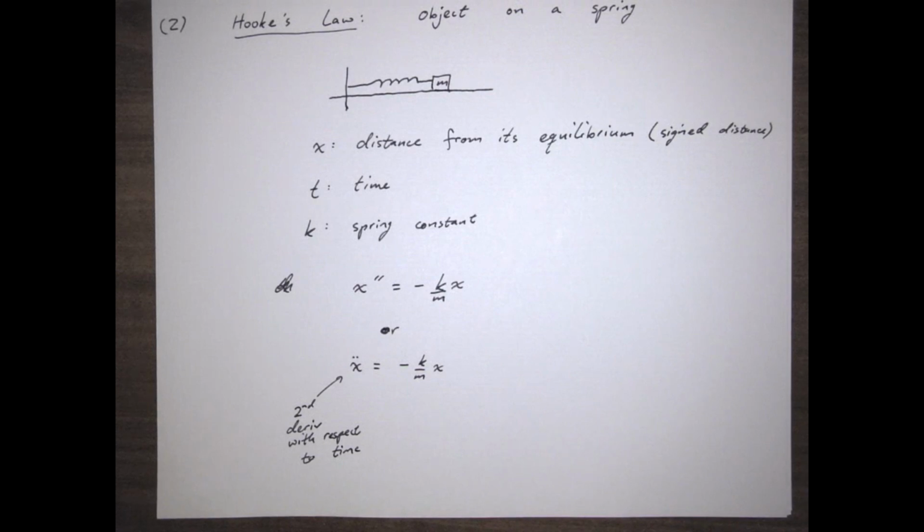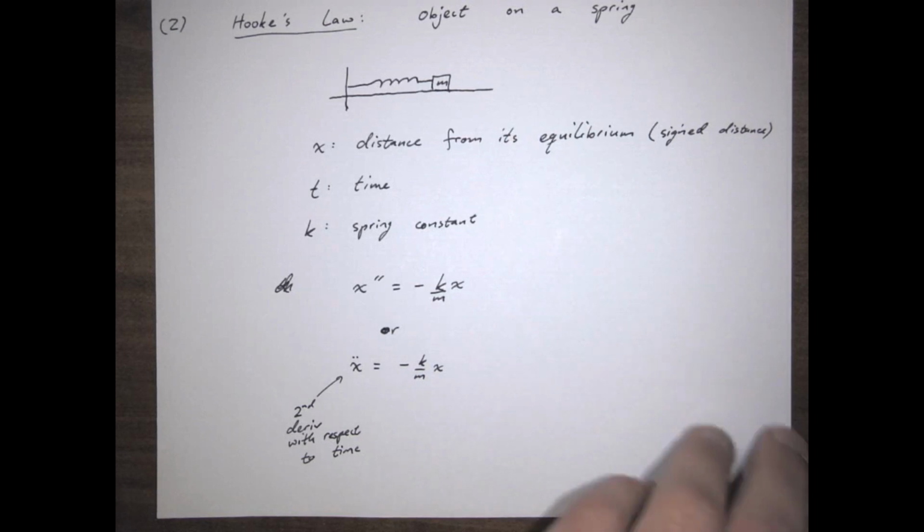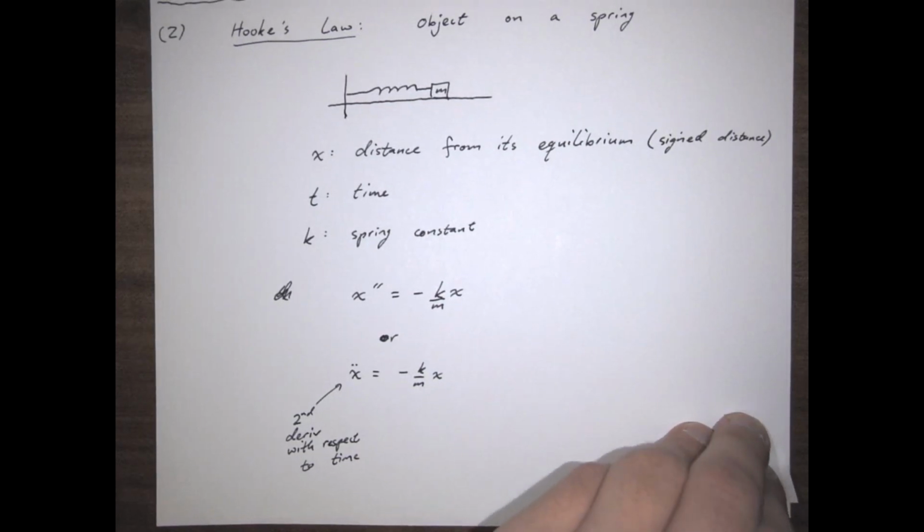So what this means is the farther out it is, the spring will tend to try to restore its natural length, and in particular, it's proportional to how far it has been distended from whatever it naturally wants to be.